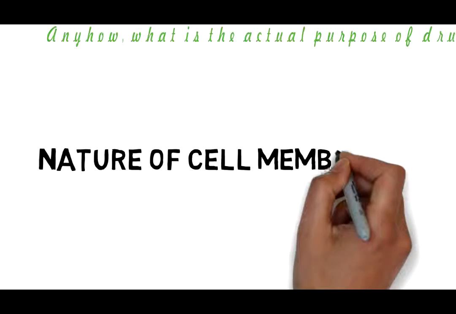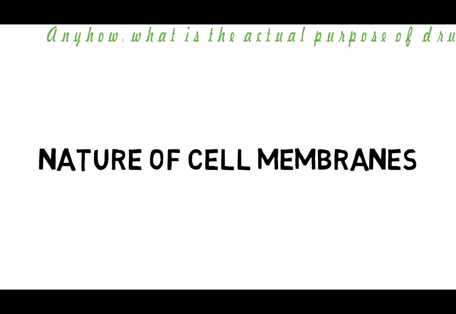Excluding the intravenous route of administration, for all other extravascular routes of administration the drug has to pass to the systemic circulation, and then it should act on the target site. So in order to be absorbed and get into the systemic circulation, it should cross some barriers.